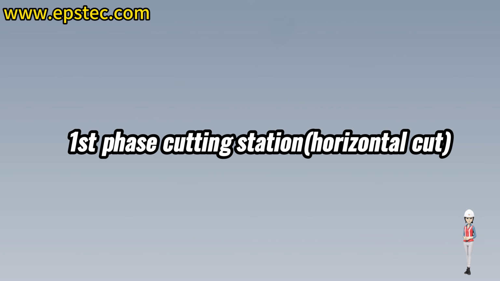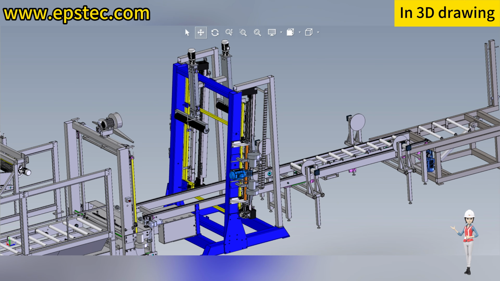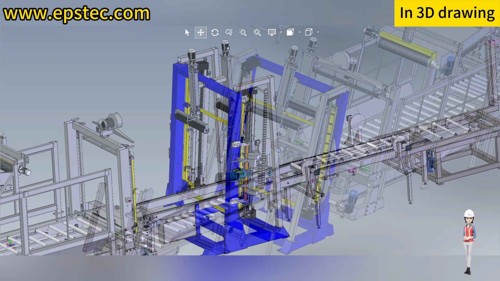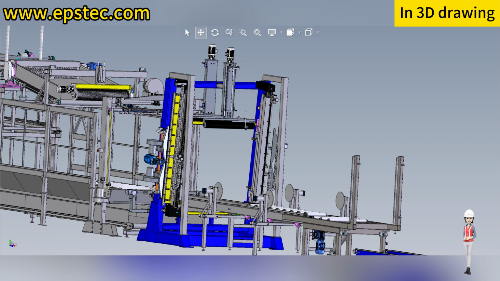First phase cutting section, horizontal cut. When the EPS block reaches the position of the second photoelectric sensor while running at high speed, the first phase conveyor switches from high speed to low speed. At the same time, the cutting wheel starts heating, the cooling fan starts, and horizontal vibration cutting starts, initiating the cutting of the EPS block.